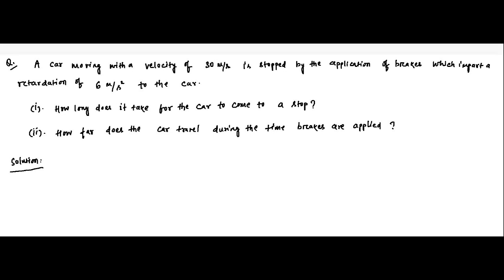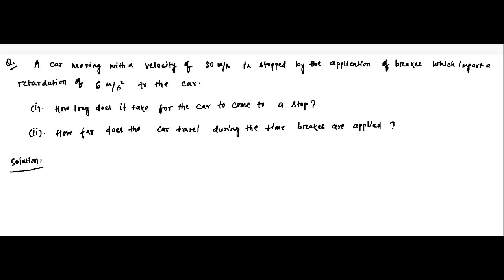So here is another question. It is given that a car moving with a velocity of 30 meter per second is stopped by the application of brakes which impart a retardation or deceleration of 6 meter per second square to the car.